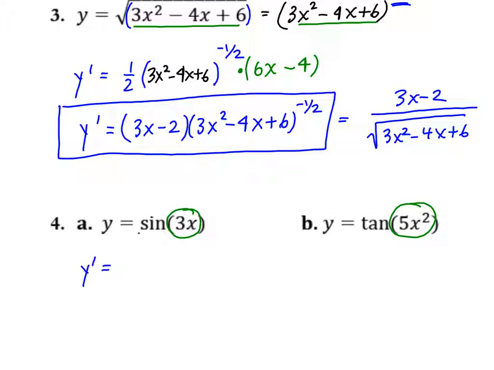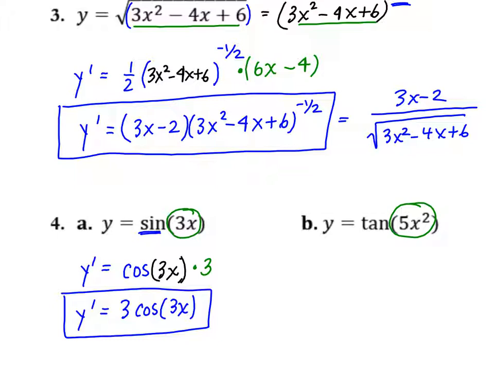The derivative of the outside, the derivative of sine, is cosine. Keep the inside the same, so the argument of cosine is still 3x, and then multiply by the derivative of that inside. The derivative of 3x is 3. So times 3.